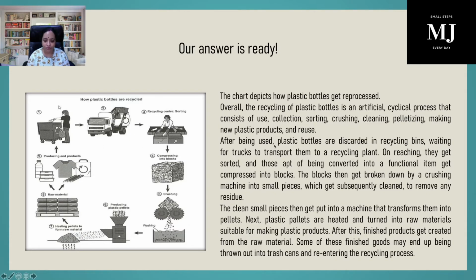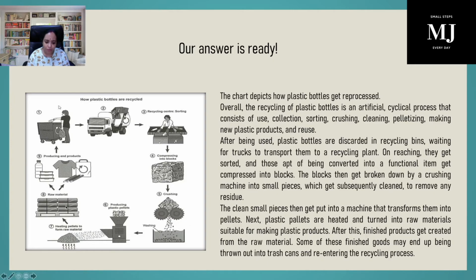After being used, plastic bottles are discarded in recycling bins, waiting for trucks to transport them to a recycling plant. On reaching, they get sorted, and those apt of being converted into a functional item get compressed into blocks. The blocks then get broken down by a crushing machine into small pieces, which get subsequently cleaned to remove any residue.